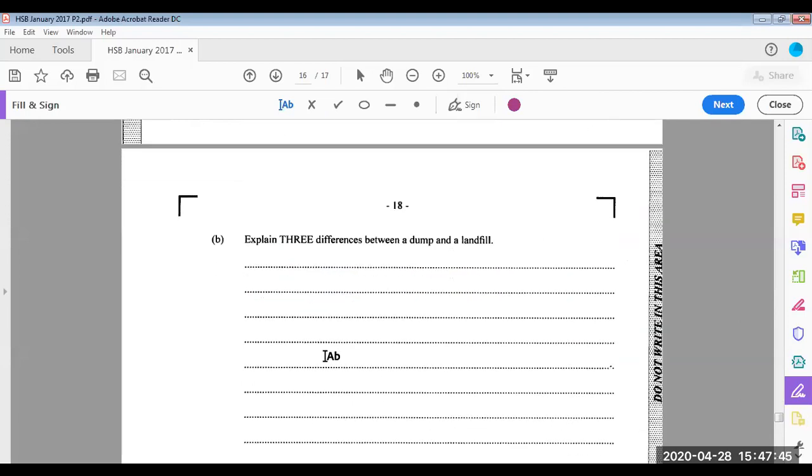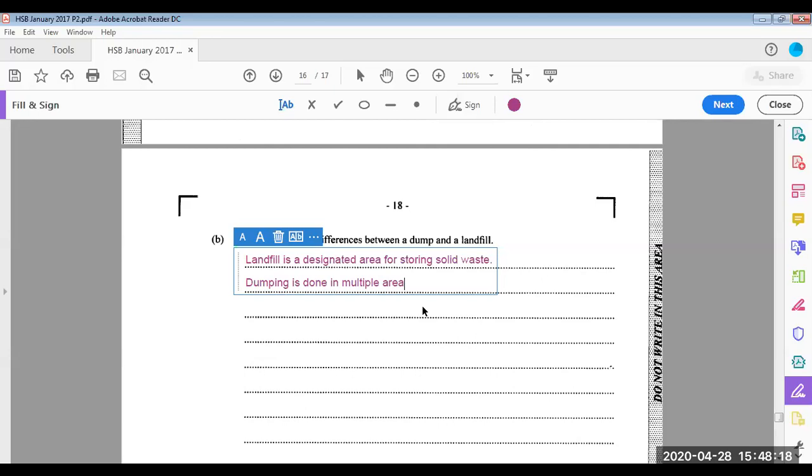3 differences between a dump and a landfill. All right. So a landfill is a designated area for storing solid waste. Dumping is done in multiple areas in a community.